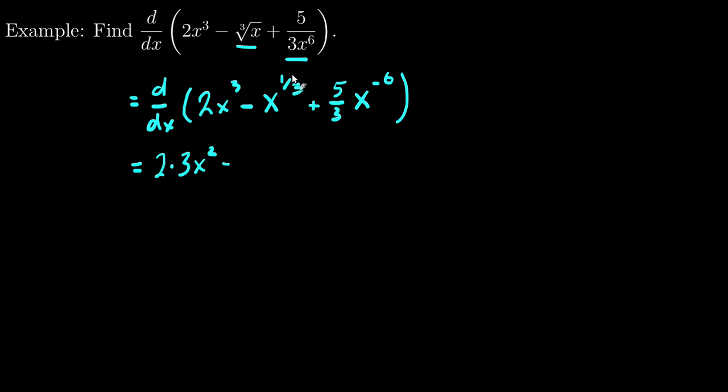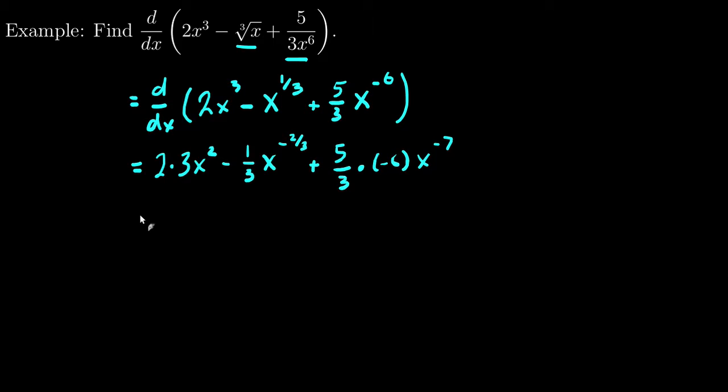The derivative of this, I bring the 1/3 out to the front, and I subtract 1 from the exponent. 1/3 minus 1 is -2/3. And this one, I bring the -6 out to the front, so I have plus 5/3 times -6. And then I have x. I subtract 1 from here, so -6 minus 1 is -7.